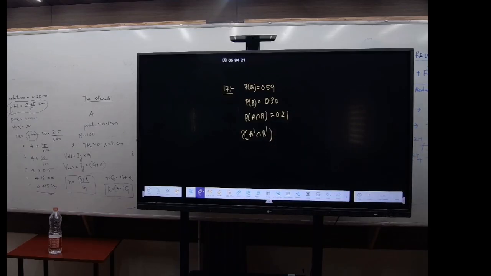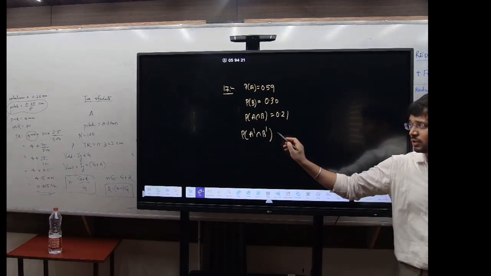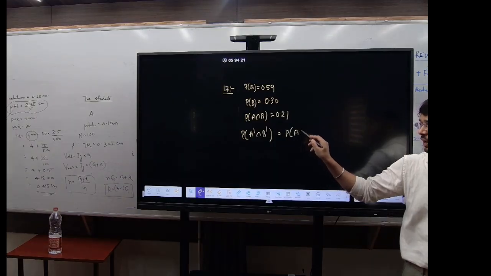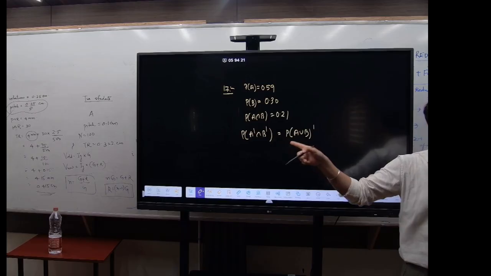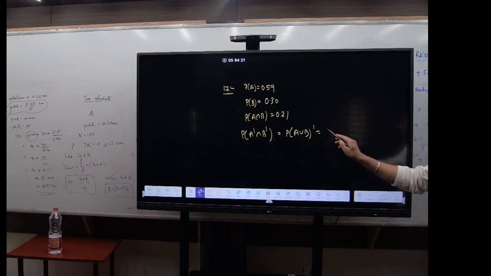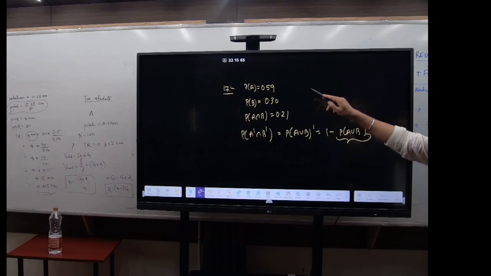Okay, first bench done. What we have to find? Probability of A dash intersection B dash, and I told you this can also be written as probability of A union B dash, neither A nor B. Yes or no? Both are the same thing. And what is the probability of neither A nor B? 1 minus probability of A union B. Now you have to find probability of A union B. What is the probability of A union B?